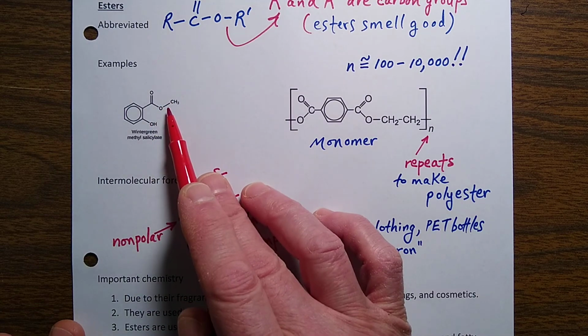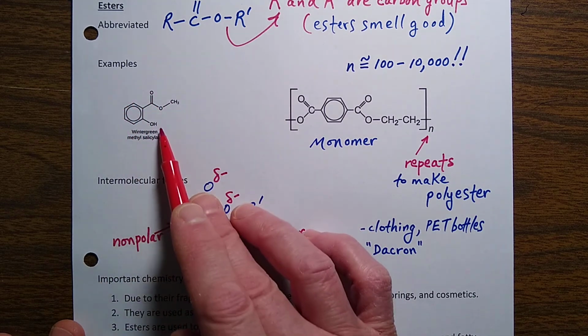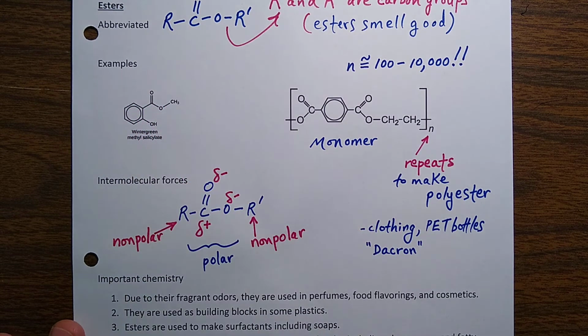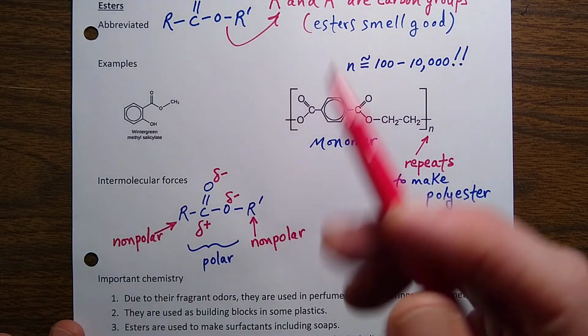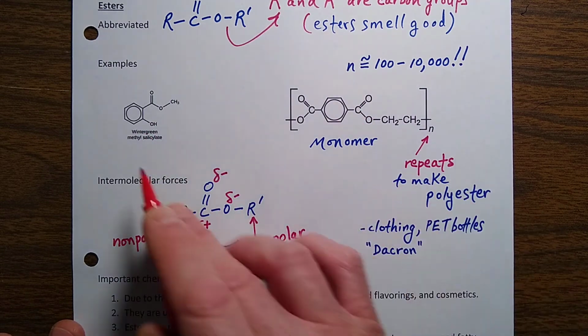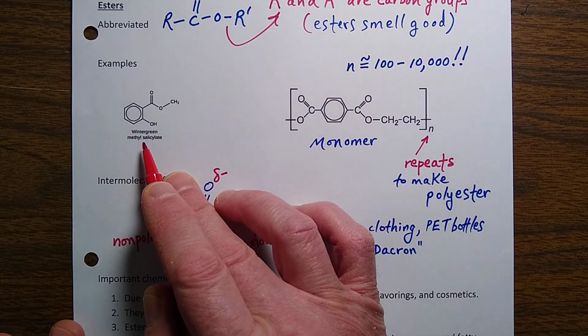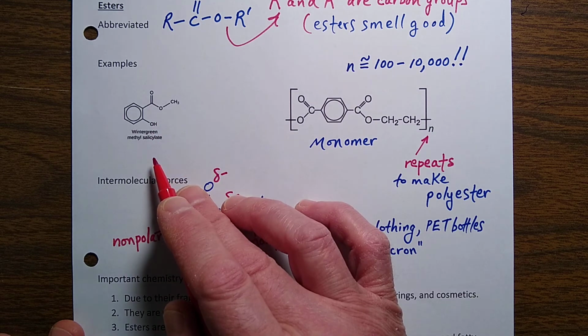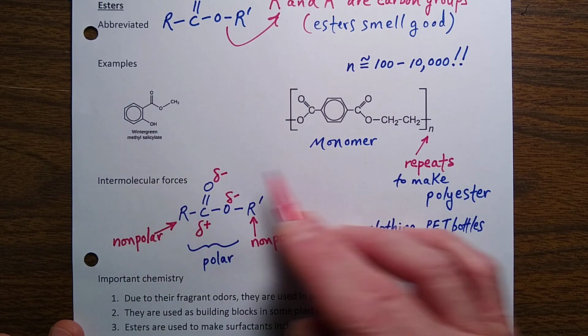This part came from methyl alcohol. This part here came from what's called salicylic acid, which is used to make aspirin. But this is essence of wintergreen. It's in Lifesavers and in mint-flavored food and things like that. Very pleasant smelling and good tasting stuff.